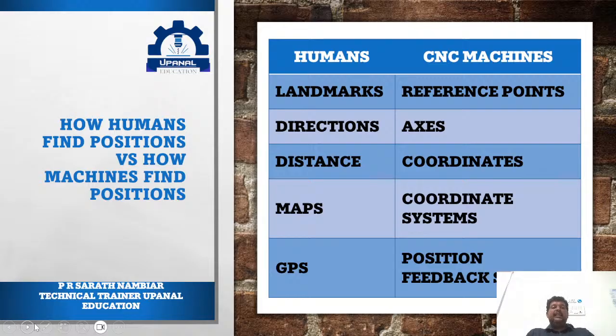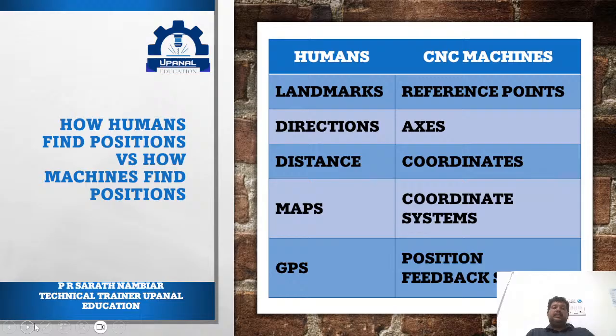Machines need an exact reference point. Think about directions. Humans use directions like north, south, east, west, southwest, southeast. But machines use the axis. Instead of saying go north, the machine receives the instruction: move in this axis, move in the other axis.